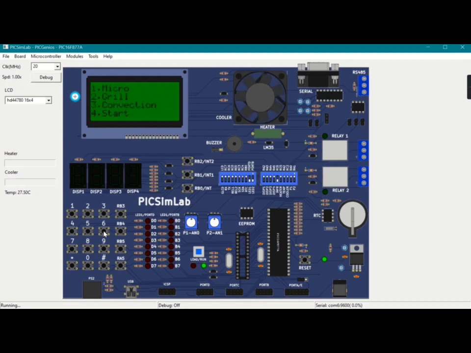Now we will see the third mode, the convention mode. If we press 3, it goes to the convention mode. Mainly convention mode is used for preheat purpose. Now I am pressing the 3. We have to choose the temperature. I'm entering 45 degrees.